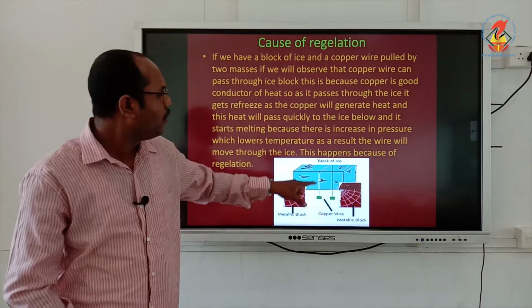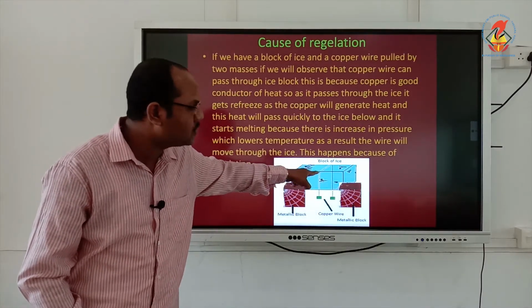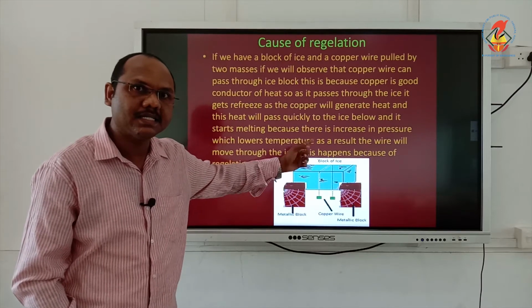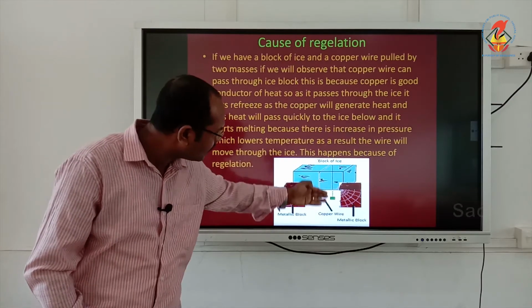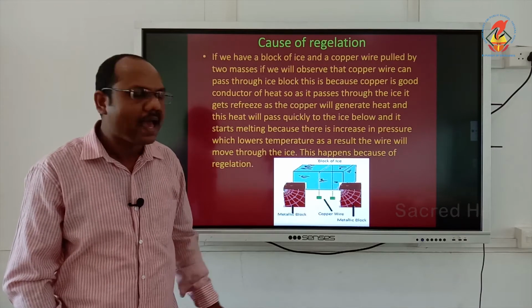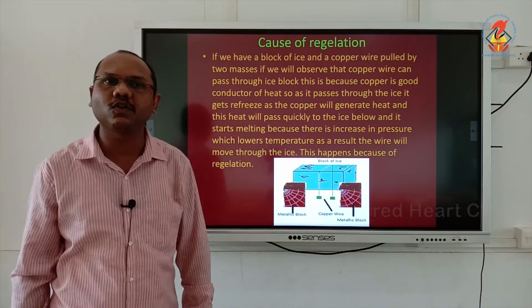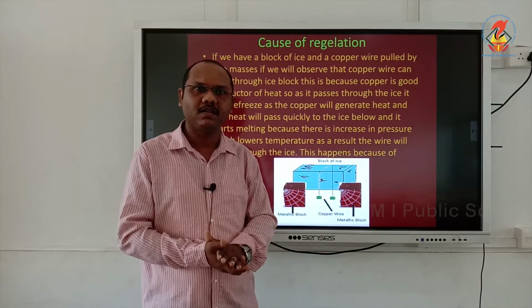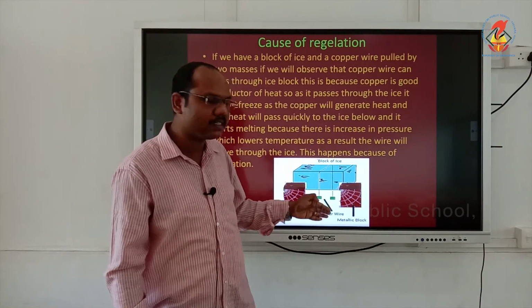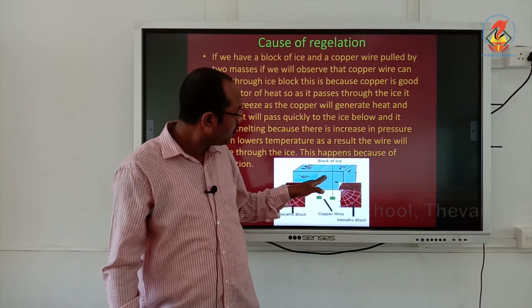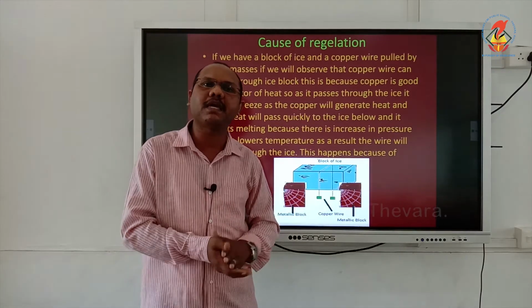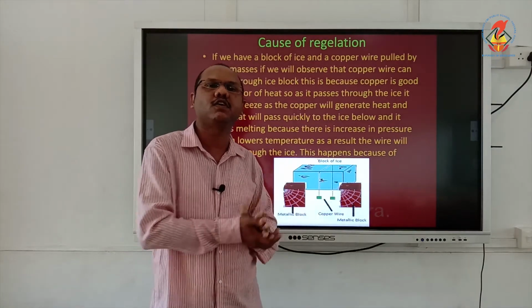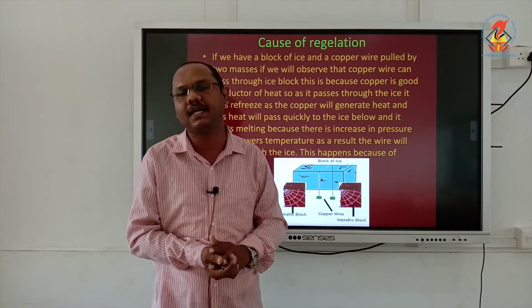Because when I applied the pressure here, the ice melts and the copper wire went through it. As the copper wire is passing through it, on the top of that the pressure became normal. And what is the temperature of the ice I took? -5 degree.